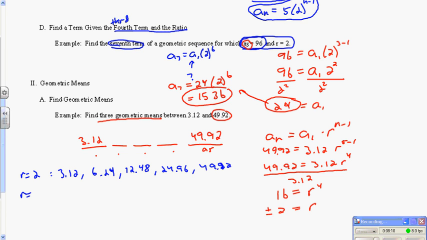If r is equal to negative 2, then we take it times negative 2, so now all of a sudden our numbers will alternate signs.